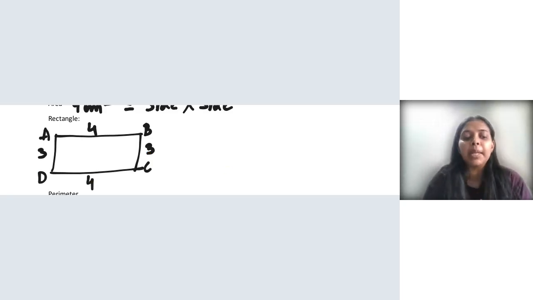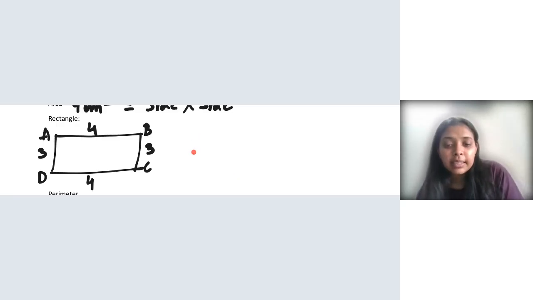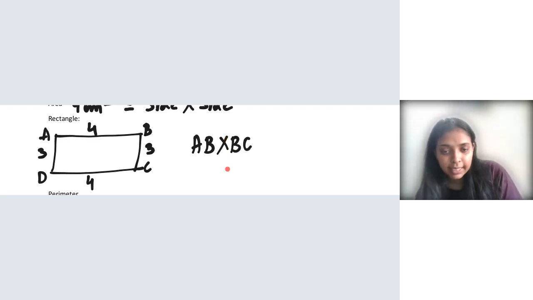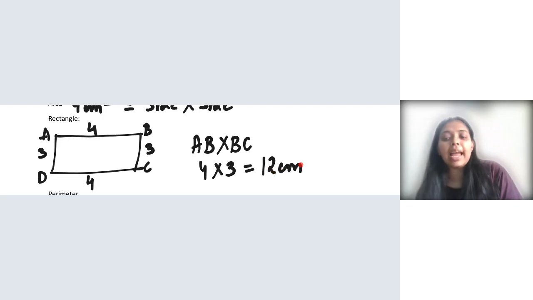Which two sides should I multiply according to you? AB times BC? 4 times 3, right? Yes. What is 4 times 3? 12. 12 centimeter. Will I add square?